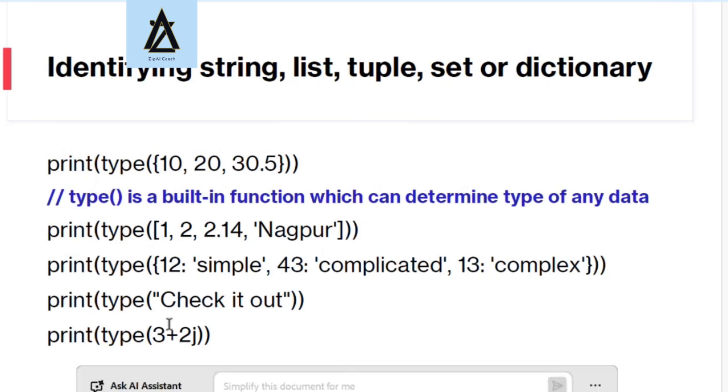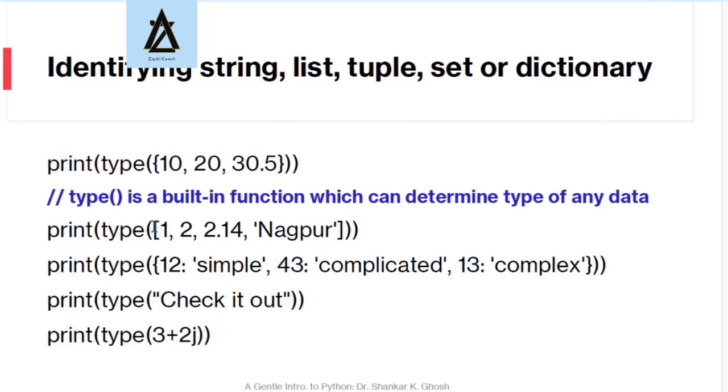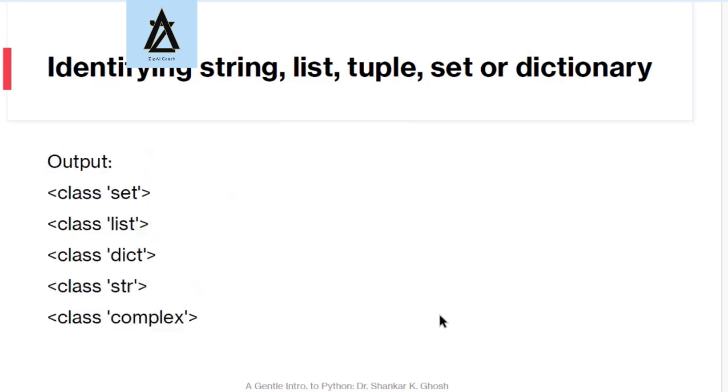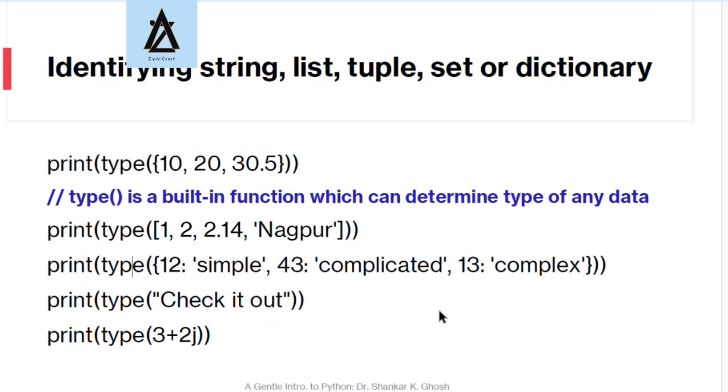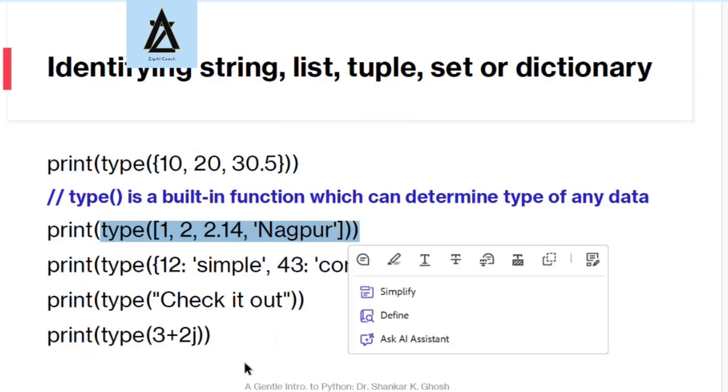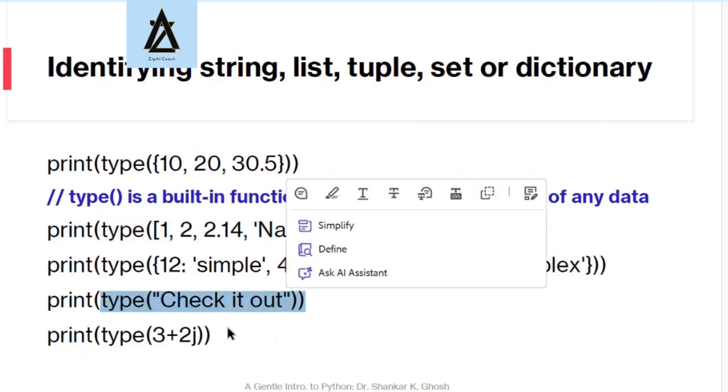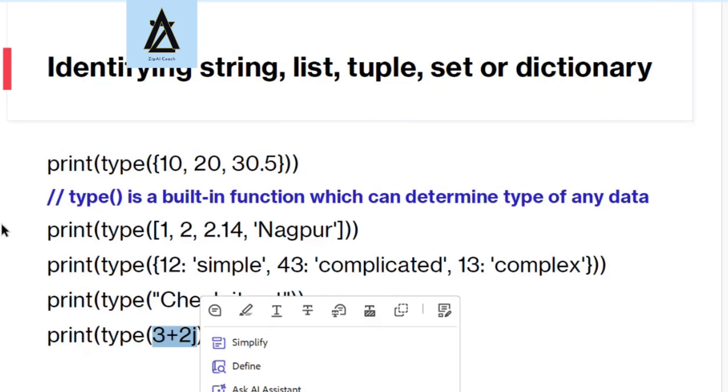So if you write type and then put that particular object inside, it will tell you the data type. For this, it will print list. For this, it will print string. For this, it will print complex number, etc.